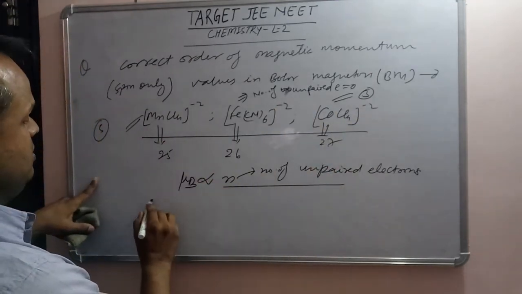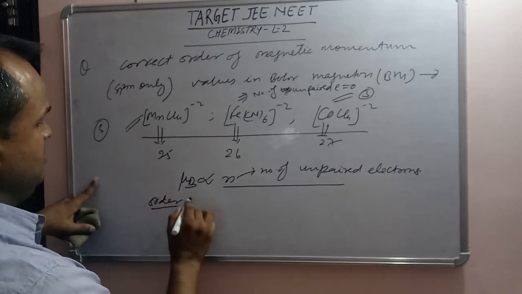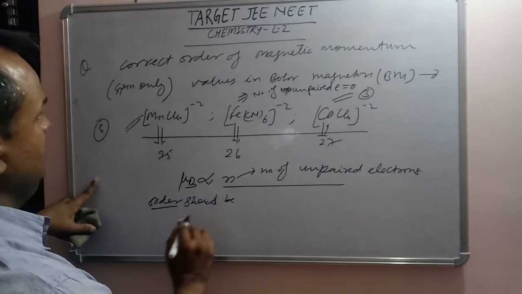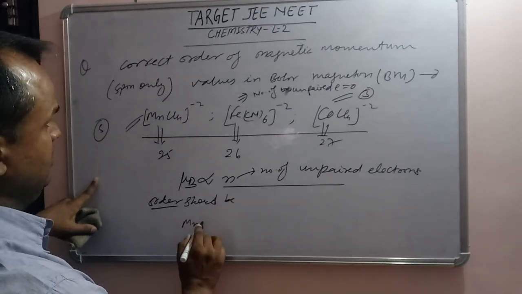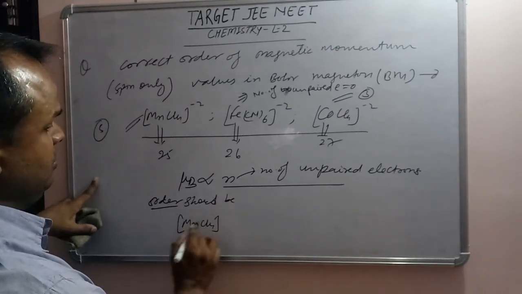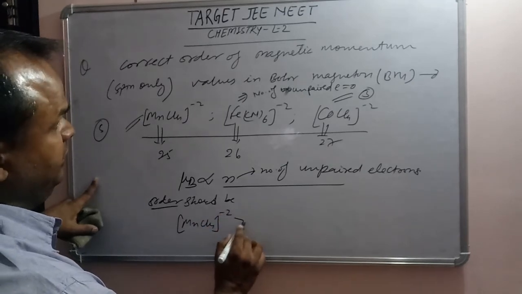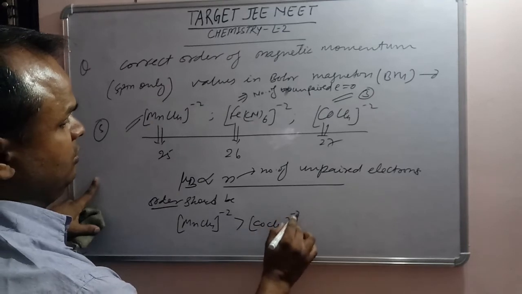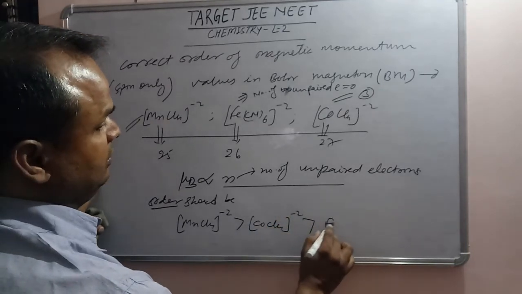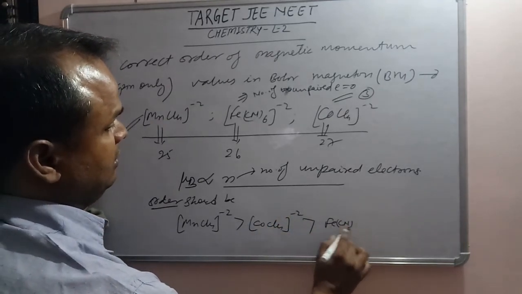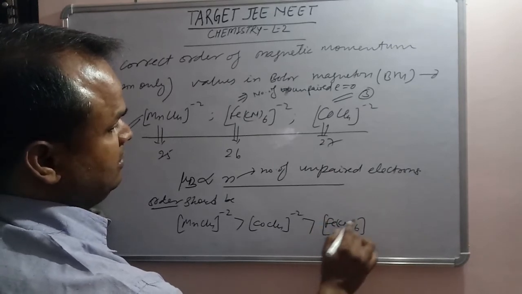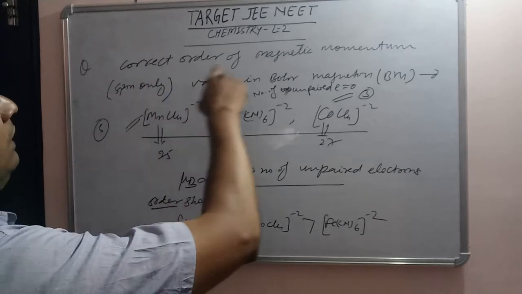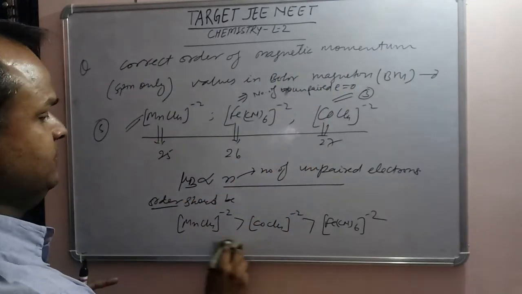So the order should be MnCl4 minus 2 is greater than CoCl4 minus 2 is greater than Fe(CN)6 minus 2. So the correct order is like this.